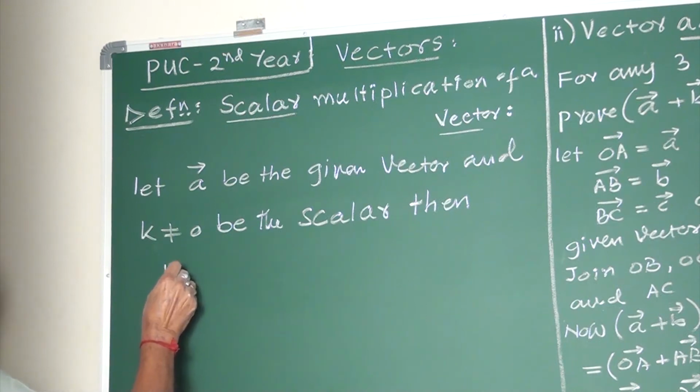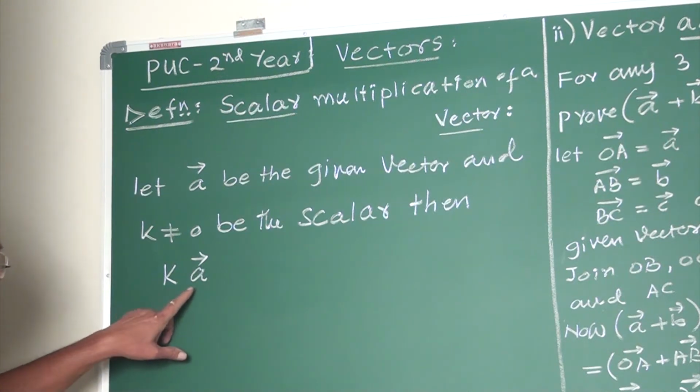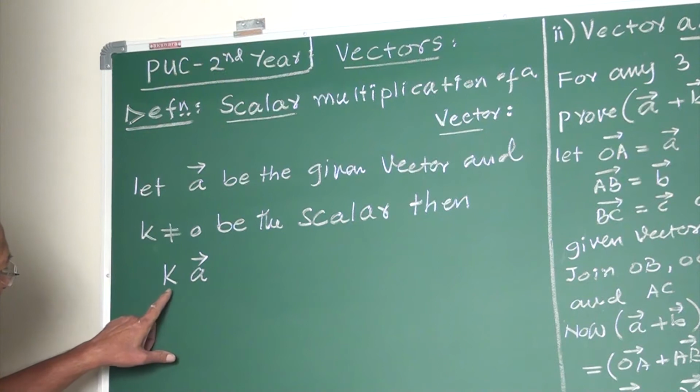This is k. What is your vector A? Then this k into A is a scalar multiplication of a vector.